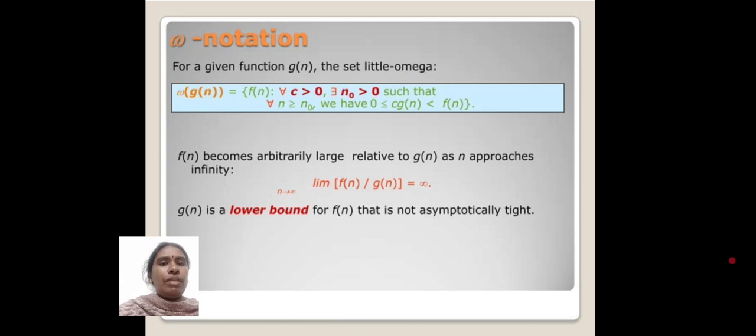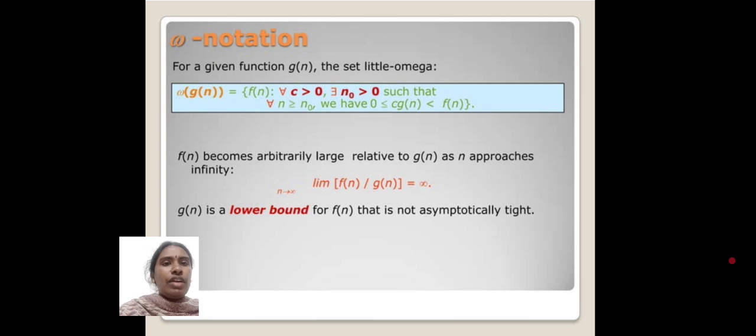Here f of n becomes arbitrarily large relative to g of n as n approaches infinity, and the limit as n tends to infinity of f of n by g of n is equal to infinity. Here g of n is a lower bound for f of n. This is not asymptotically tight.